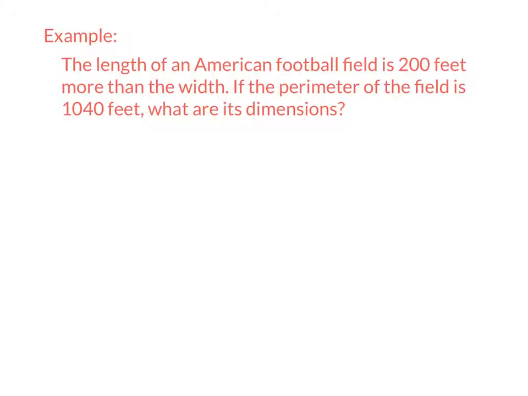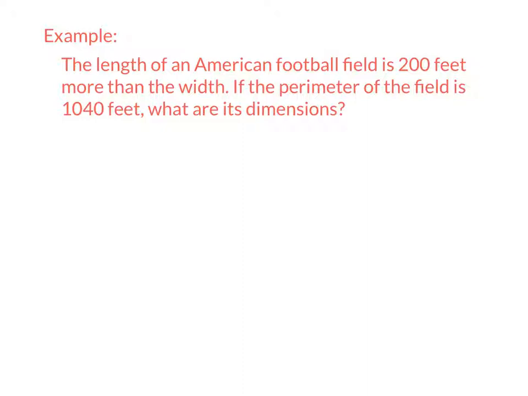So here's a typical example, and it reads, the length of an American football field is 200 feet more than the width. If the perimeter of the field is 1,040 feet, what are its dimensions? So we need to read the problem carefully and understand what it is asking. First of all, we're talking about a football field, and not a European football field, which you might think of as a soccer field.